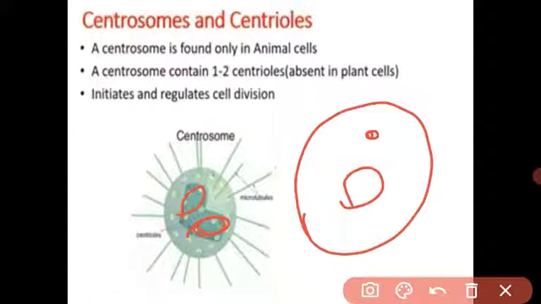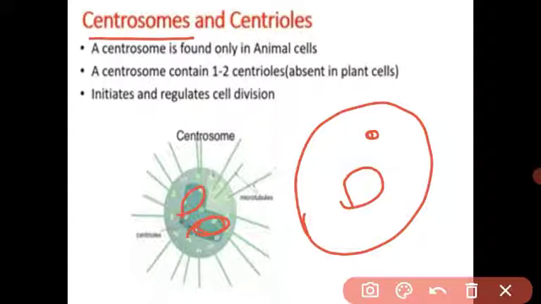During cell division, you know that we are made from a single cell. Through multiple cell divisions we can grow. All organisms, like human beings, are made from a single cell, and the cell divides multiple times and we grow. So the centrosome is a very important organelle responsible for cell division.